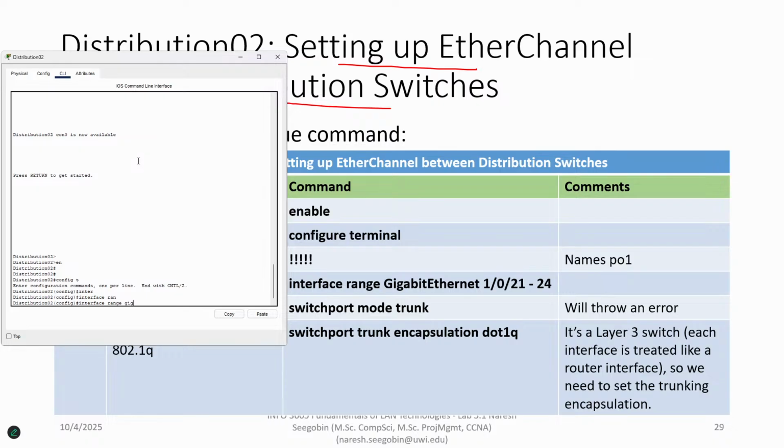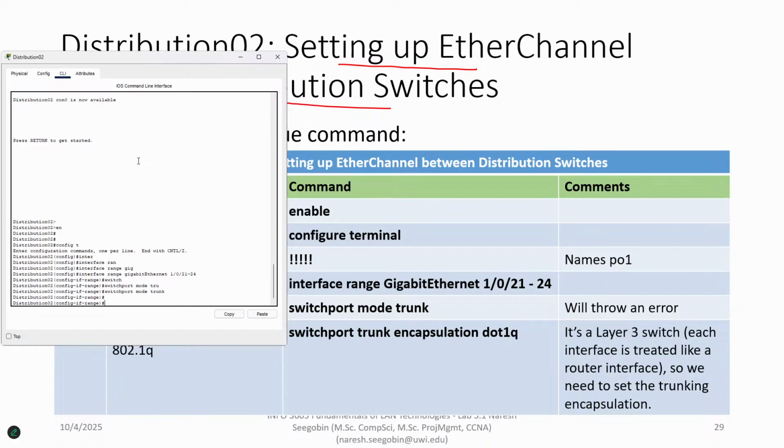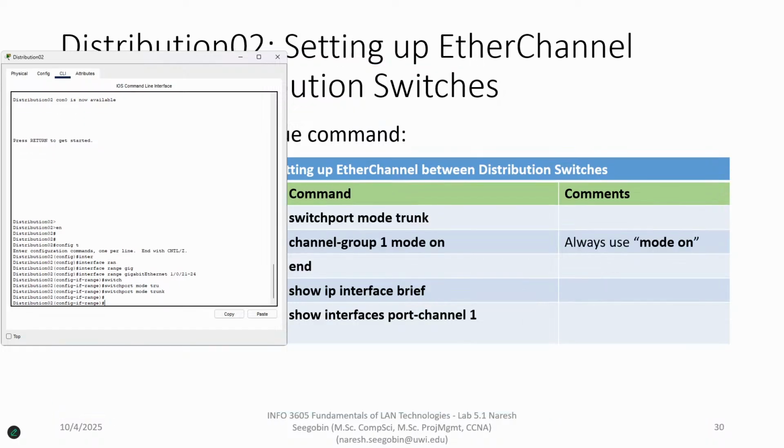Interface range gigabit Ethernet 1/0/21 to 24, right? Switchport mode trunk. I do that just to make sure.